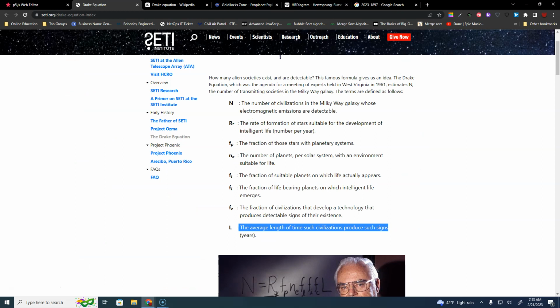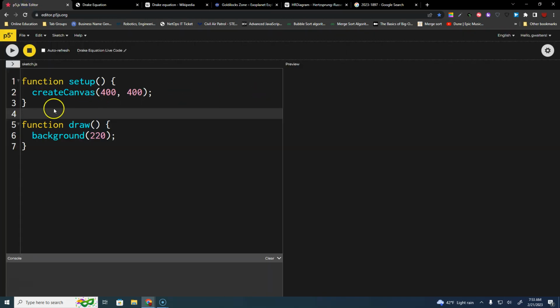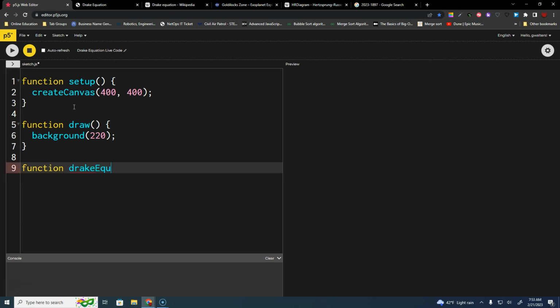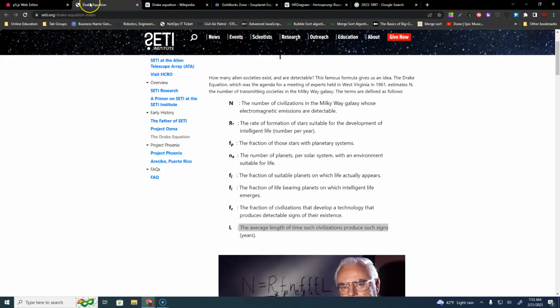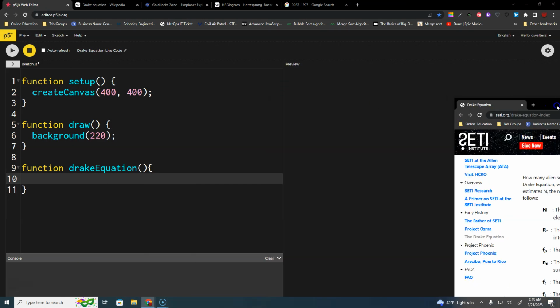Okay, so that's what we're going to build. We're going to quickly build this using P5JS. Now because of this, we want to be able to create a function that we could use multiple times. Right now, I'm just going to hand jam this in for these values. So we want to split this up.